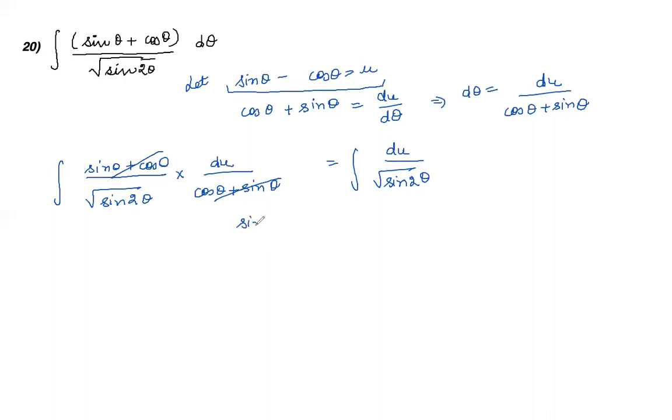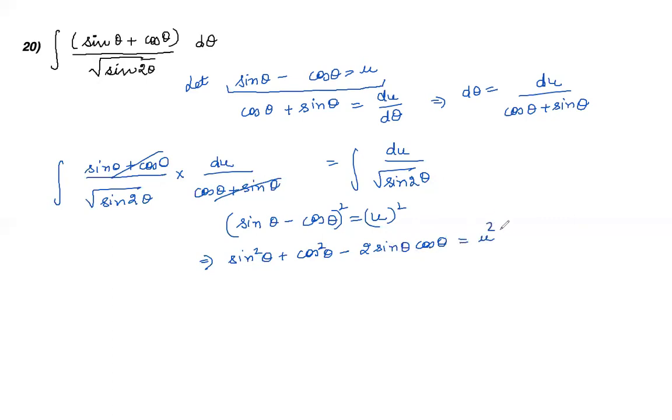See, I have sine theta minus cos theta is equal to u. What I'm going to do is take the square on both the sides. So it would be sine square theta plus cos square theta minus 2 sine theta cos theta. So I've got the value of sine 2 theta here. We know that sine 2 theta is equal to 2 sine theta into cos theta.